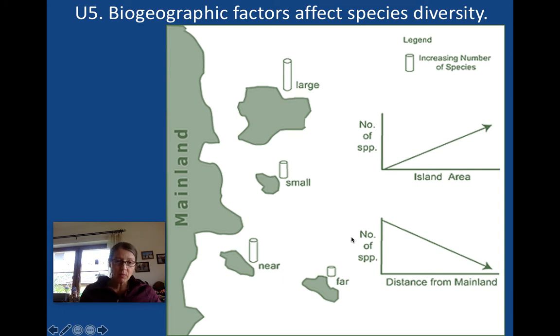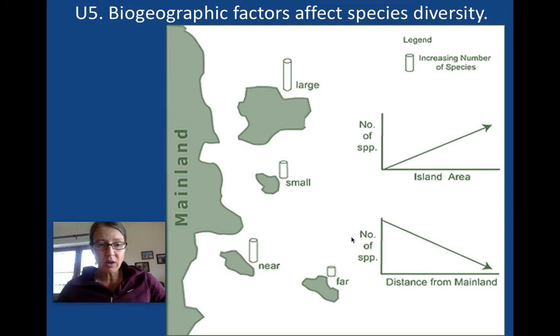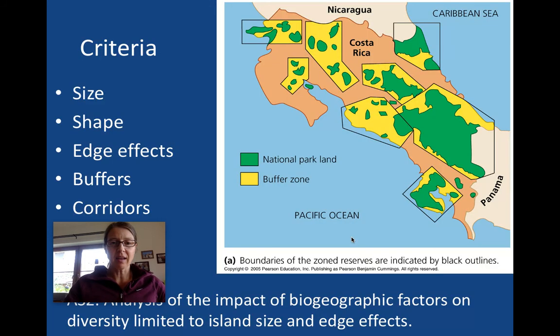Now, the reason why we use this is because when we're looking at species conservation, if you are putting together or looking at a series of habitats, like national parks and different things, the bigger the national park or wildlife preserve that you have, generally the higher the biodiversity, okay?